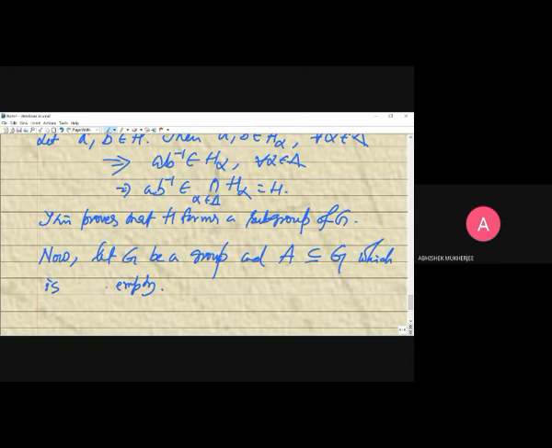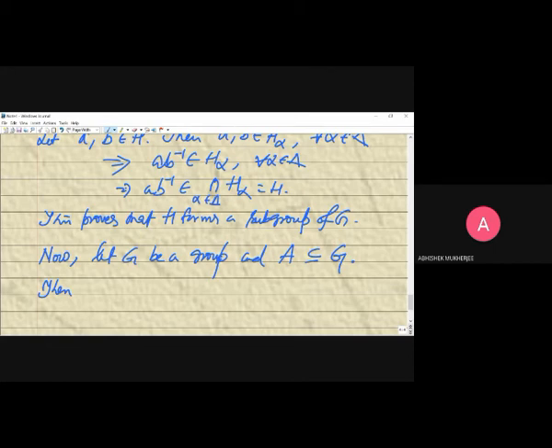We do not need to write down first that it is non-empty, so let it be empty, no worry about that. So suppose A is a subset of G. Then you can show that the intersection of all subgroups of G containing A will again be a subgroup, as you have seen in the last result, that the intersection of any collection of subgroups is again a subgroup.